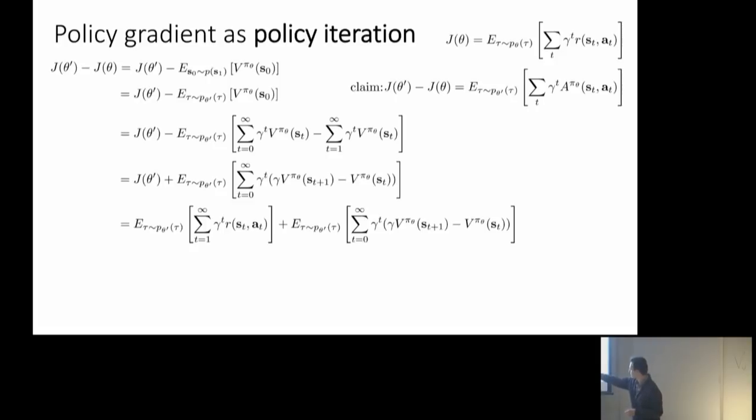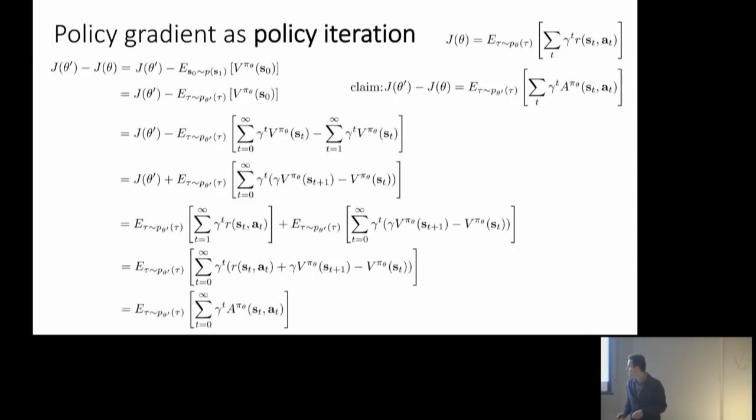So expectation under the same thing, so you can take the expectation outside, collect the terms, and you get gamma to the t times r from here, times gamma V pi from here, and then V pi s_t from here. And now this thing is equal to what? A. Yeah, that's right. So we just substitute in the definition of advantage, and we get this.